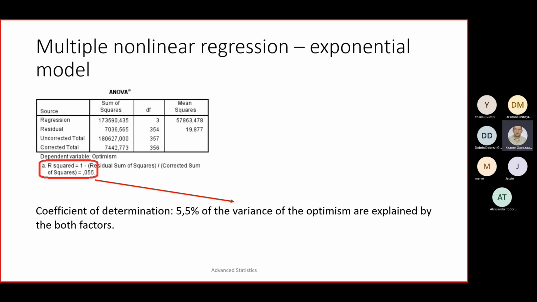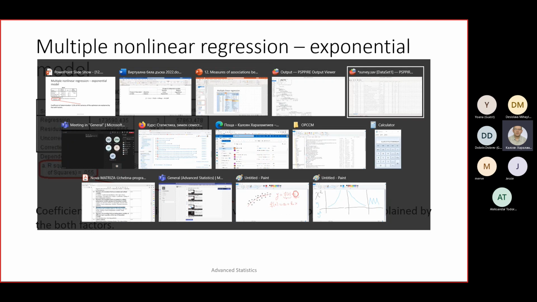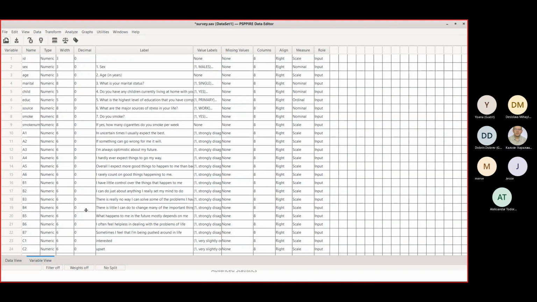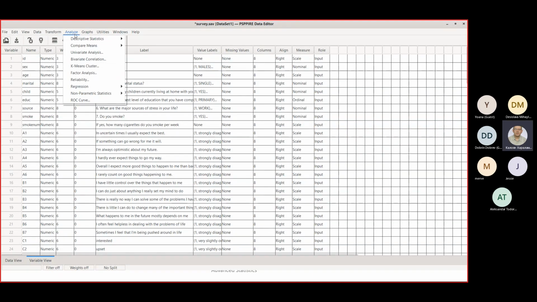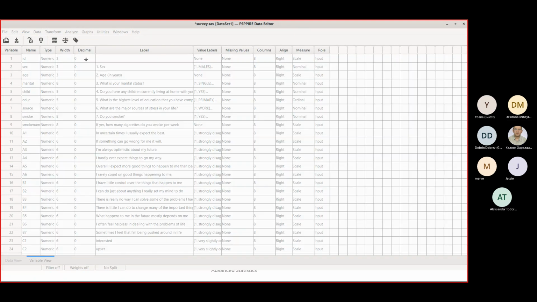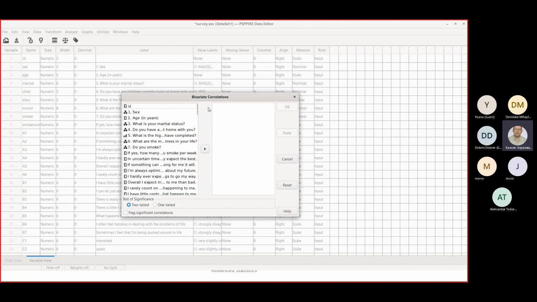And now I will switch again to PSPP. Here we have analyze, bivariate correlation, and I can put all these interval variables together. So H, I will move H from left to the right.